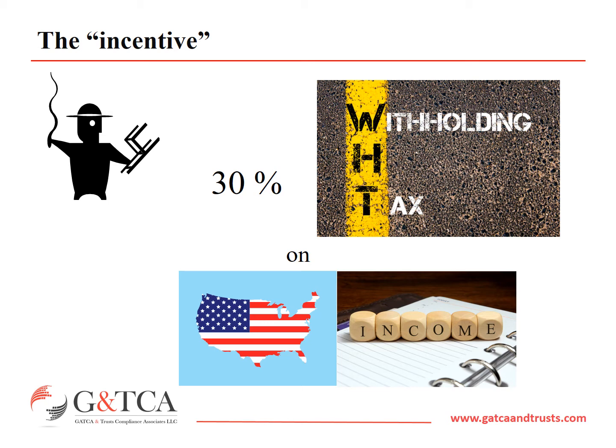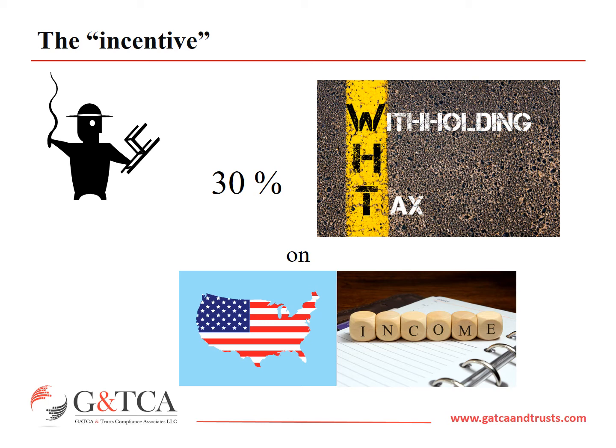In fact, it has a couple of inbuilt enforcement incentives. If an FFI invests in US securities or other assets that produce US source income, and the FFI does not comply with FATCA, the US enforces FATCA by imposing a 30% withholding tax on that US source income. It's a punishment, if you will, for not complying with FATCA.